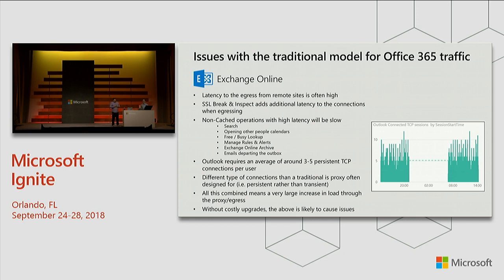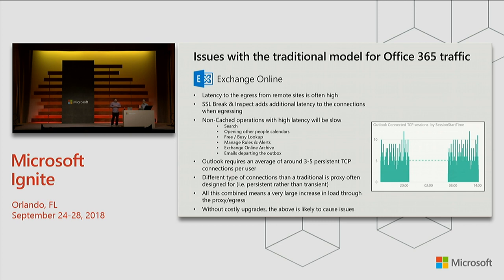And Outlook is pretty strong in handling latency on its own when it's running in cache mode. But non-cached operations with high latency will be slow. So search, FreeBusy, opening calendars. Whenever you do this over a high latency network, you'll feel that latency.